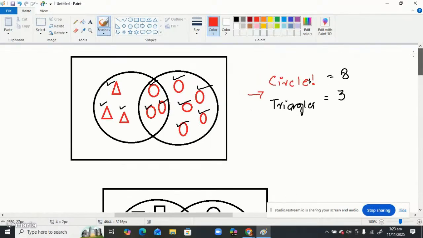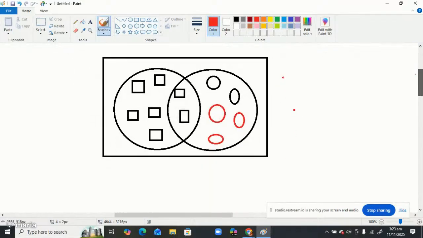Sometimes they are just saying how many shapes. Okay, they're saying circles or triangles. Sometimes they're saying how many shapes are in the same color, that is black. So you guys count it and tell me how many shapes are black here.